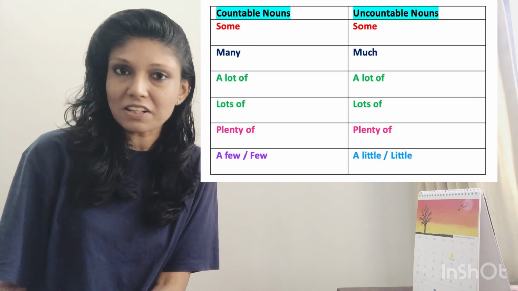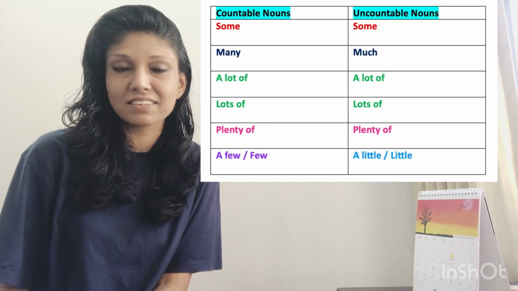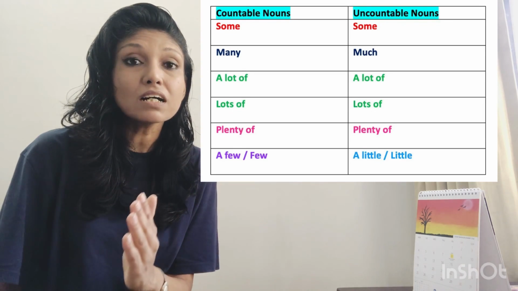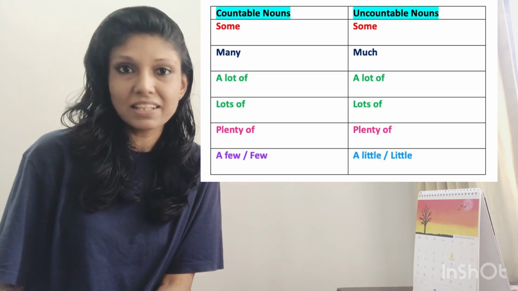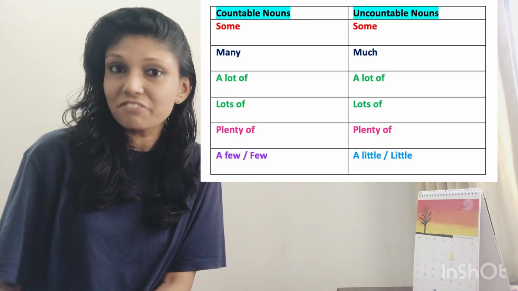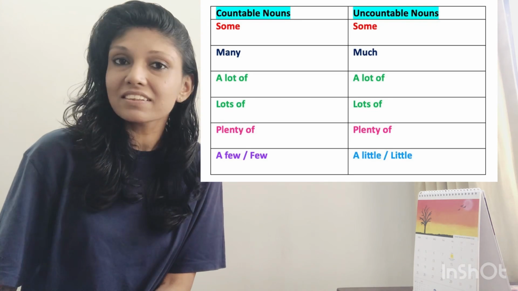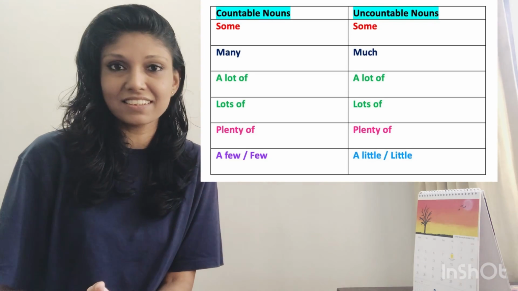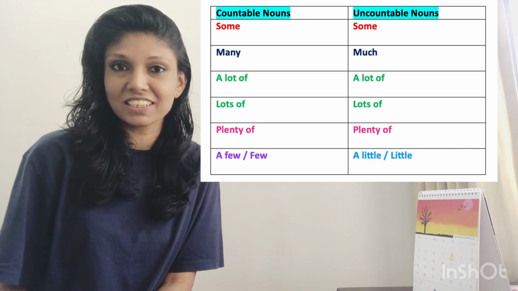Plenty of also can be used with both. Next one, few and a few. There's a difference between a few and few, but both can be used only with countable nouns, and little and a little can be used only with uncountable nouns.